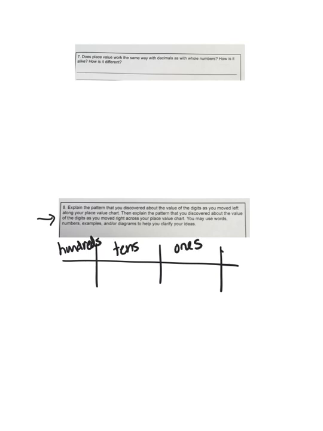They want you to understand that as you move across your place value chart, let's start with hundreds, tens, ones, and tenths. Every time you move one spot to the right, your numbers are getting smaller by 1/10, or being divided by 10. So let's take our 777 and 7/10.